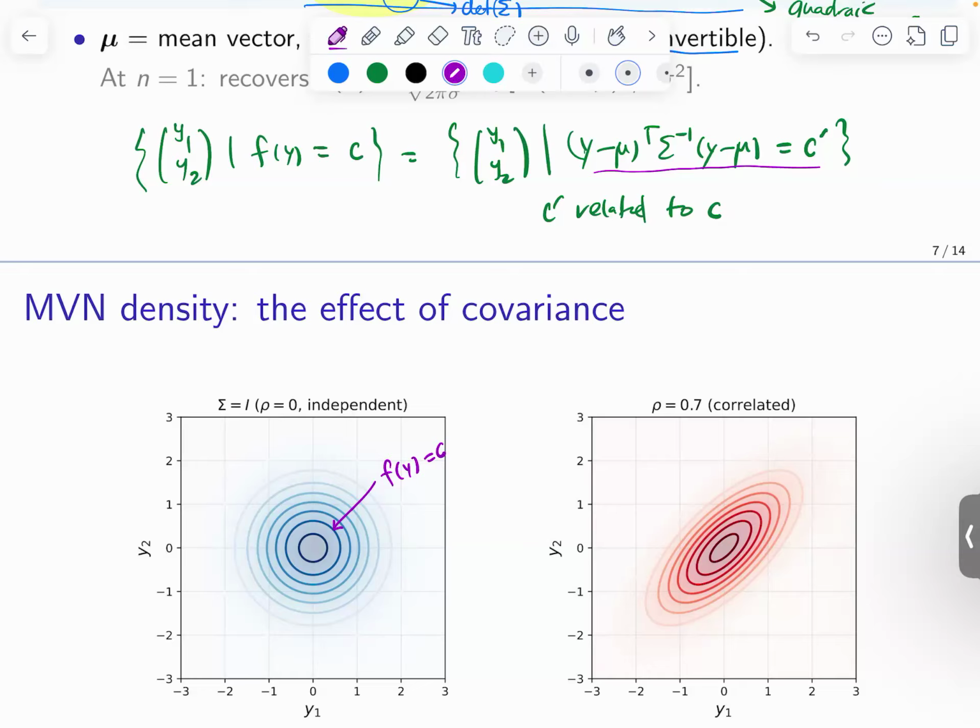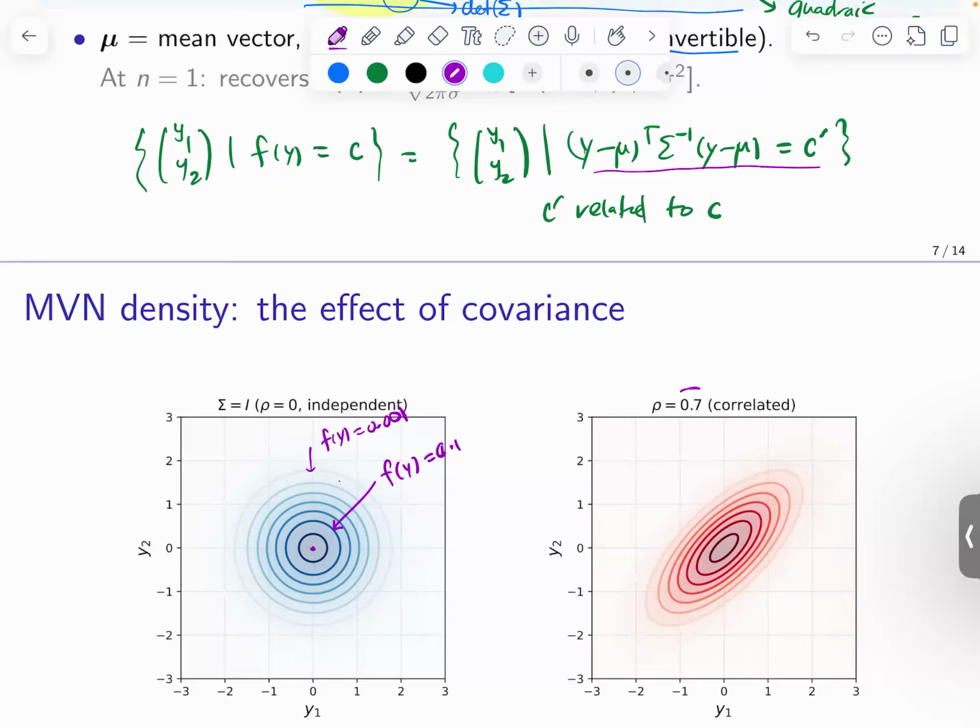For example, this could be 0.1 here, and f(y) could be 0.001 over there. So everything on this circle is equally probable, but is much less probable than at the center. So if you sample, most of the time you find things near the center and less outside. Then you have a non-zero correlation, let's say correlation 0.7 here, and the contours would be ellipsoids.